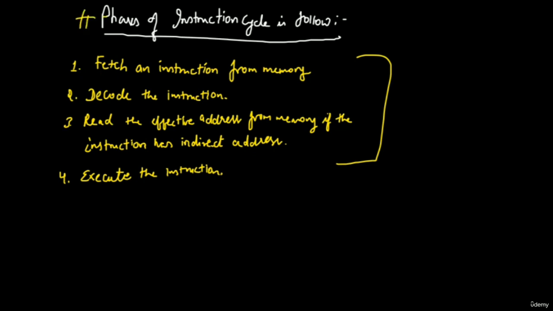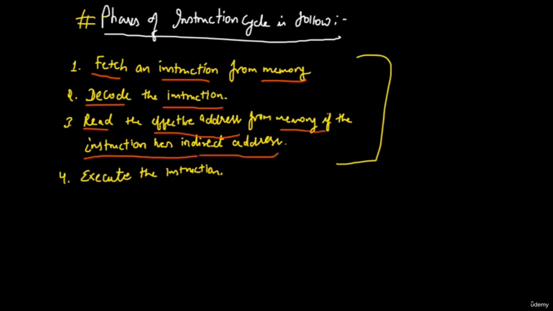First, it fetches an instruction from memory. Then it decodes the instruction, surely in Boolean form, in zeros and ones. Now it reads the effective address from the memory if the instruction has an indirect address. Remember that implicit form. Then it executes the instruction. This is what is going to happen in the phases of the instruction cycle.